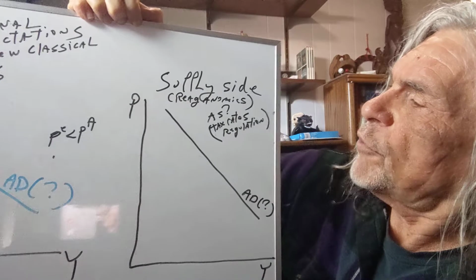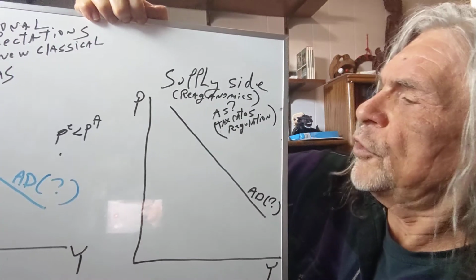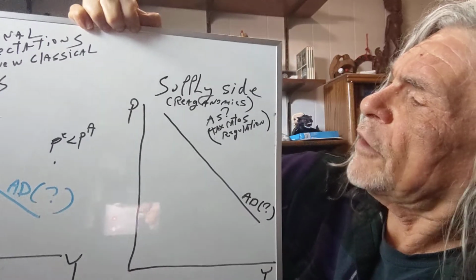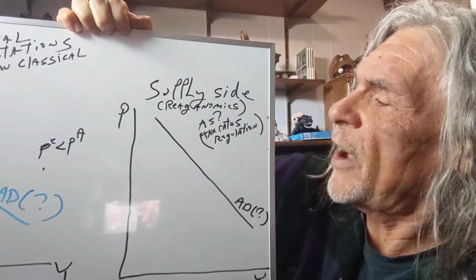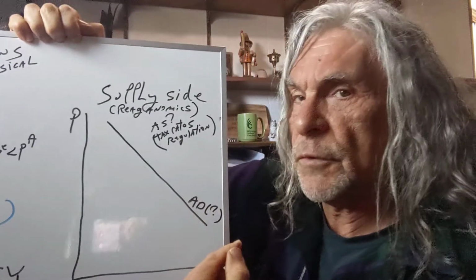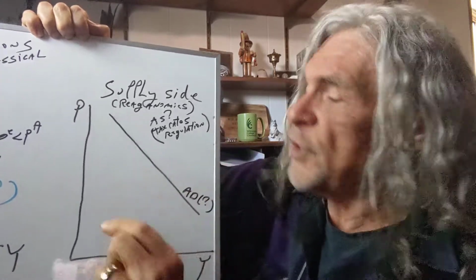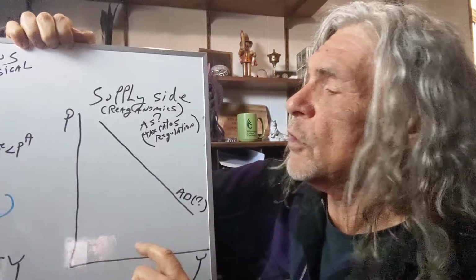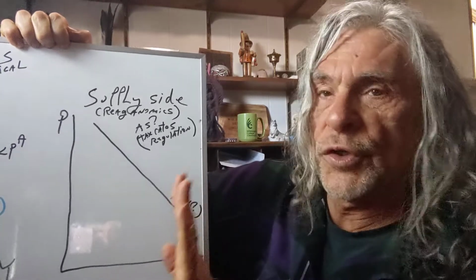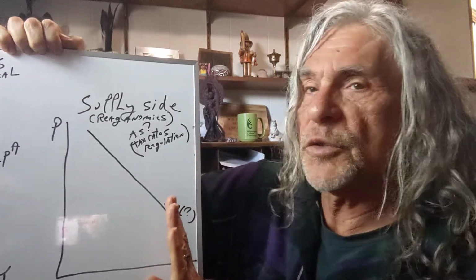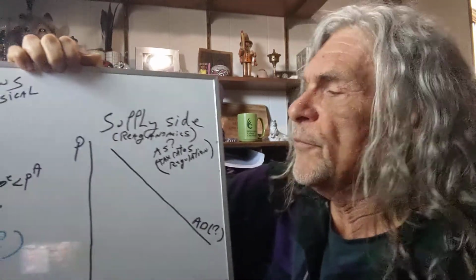All forms of government regulation, if you cut them, well, that would increase aggregate supply, shifted to the right in their view. And when government regulation or tax rates increase, well, then in their view, that shifts aggregate supply to the left.